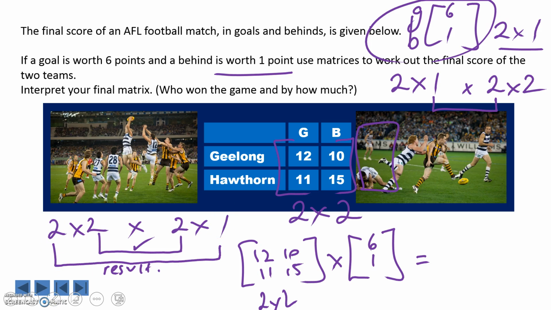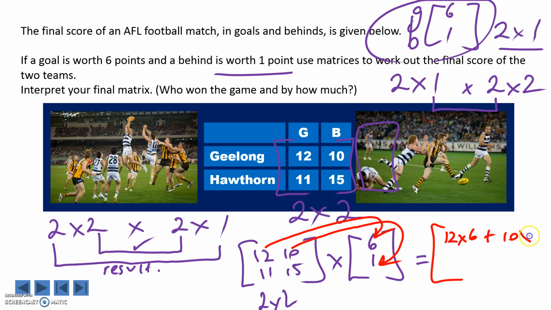So if we have a look at the rules, first element with the first column, and like that. So it's going to be 12 times 6 plus 10 times 1, and then it's going to be 11 times 6 plus 15 times 1. And this will actually tell us eventually our total score.